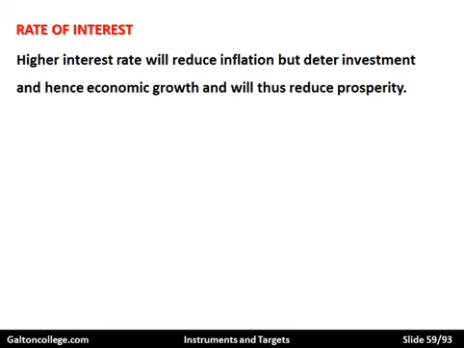Less money supply, the Fisher equation of exchange, less money supply, less inflation. So higher rates of interest lead to less inflation. But higher rates of interest can also deter investment. Less investment, less economic growth. Less economic growth, less prosperity. So the idea is to have more prosperity, not less.